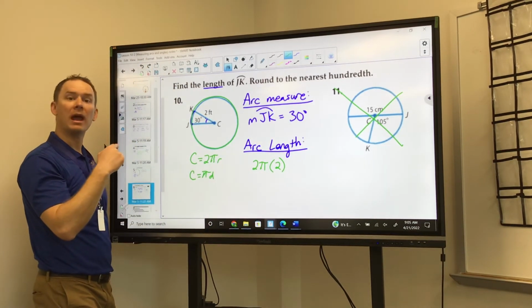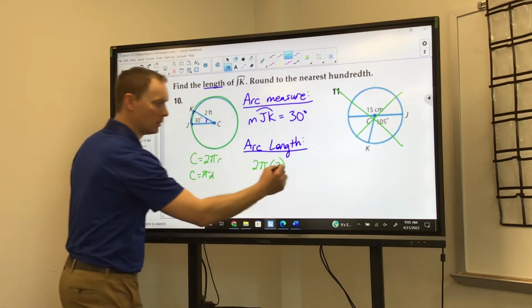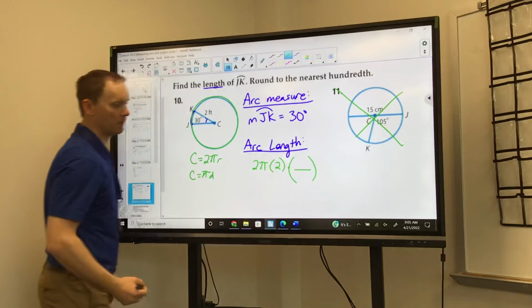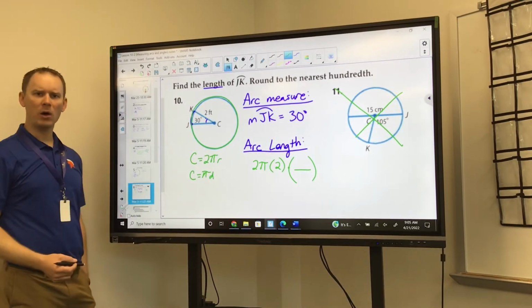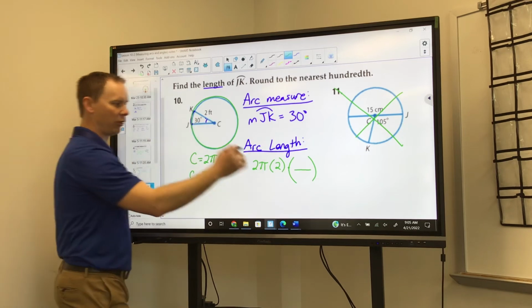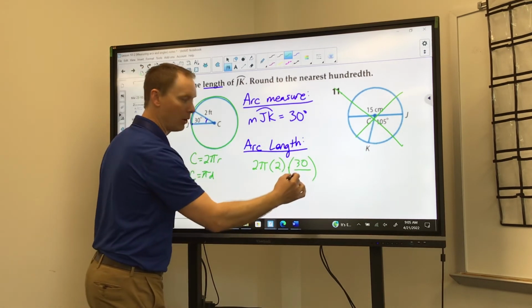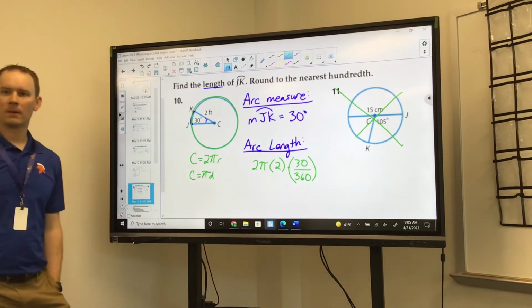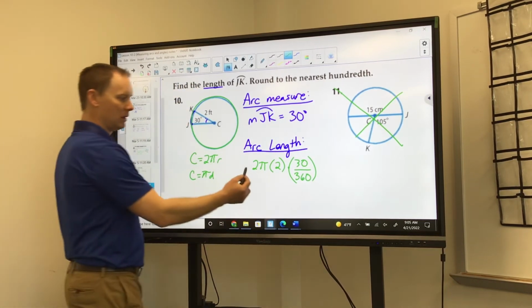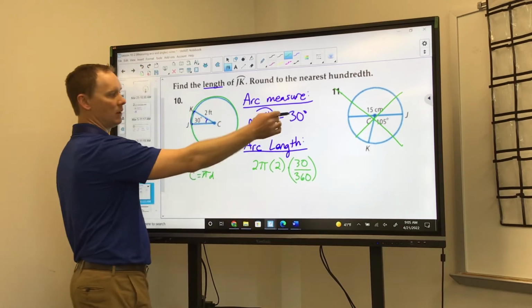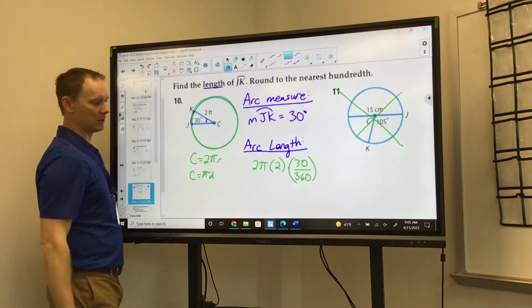We only want a fraction of it. So we're going to multiply by a fraction. What fraction of this do we want? 30 over 360. Yeah, we only want this little 30-degree slice out of a total of 360 degrees. So if you ever want to find arc length, you just take the circumference and multiply it by the fraction dealing with your arc measure over 360.